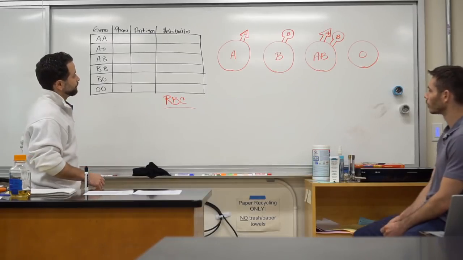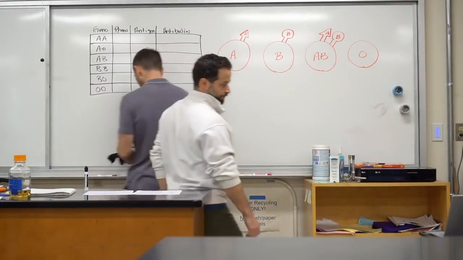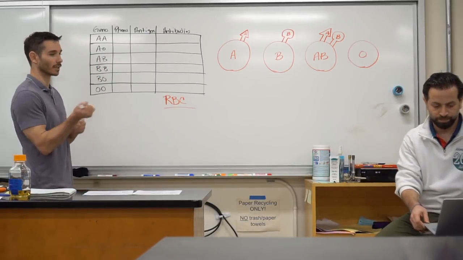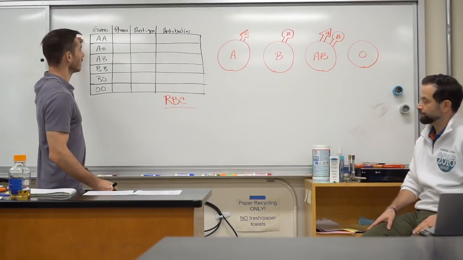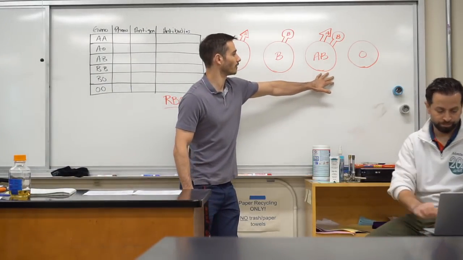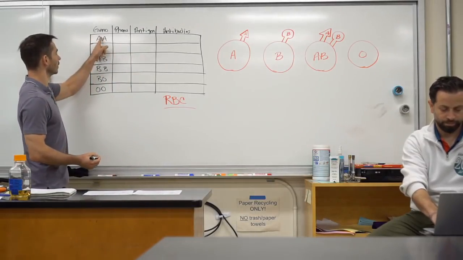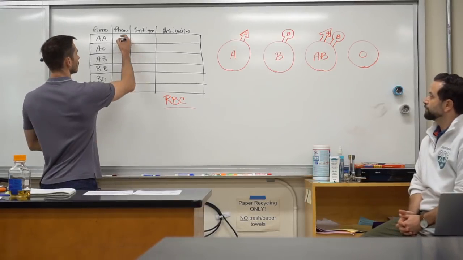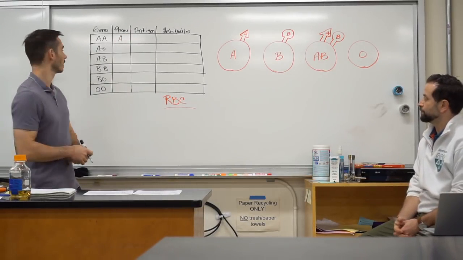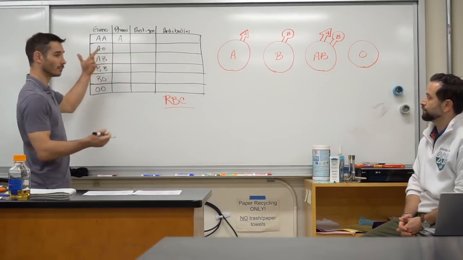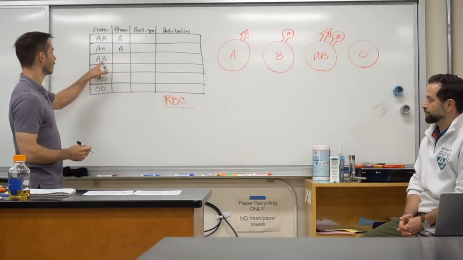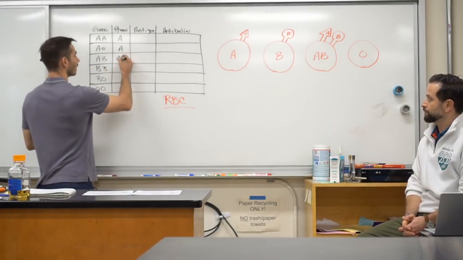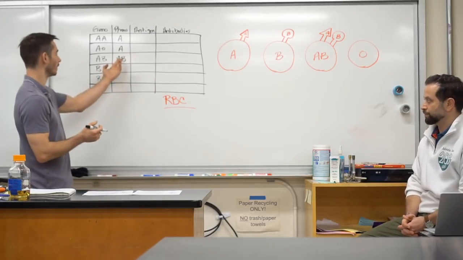So we can actually fill in some more of this chart now. So let's quickly do that. Look down at your chart, and we can fill out the next two columns here. When we drew these, we showed the different phenotypes. But remember, if your genotype is two A's, then your blood type, the phenotype, is blood type A. AO, because O is recessive, blood type A. If you have A and B, codominant, so your blood type is AB, because they both show up in the phenotype.